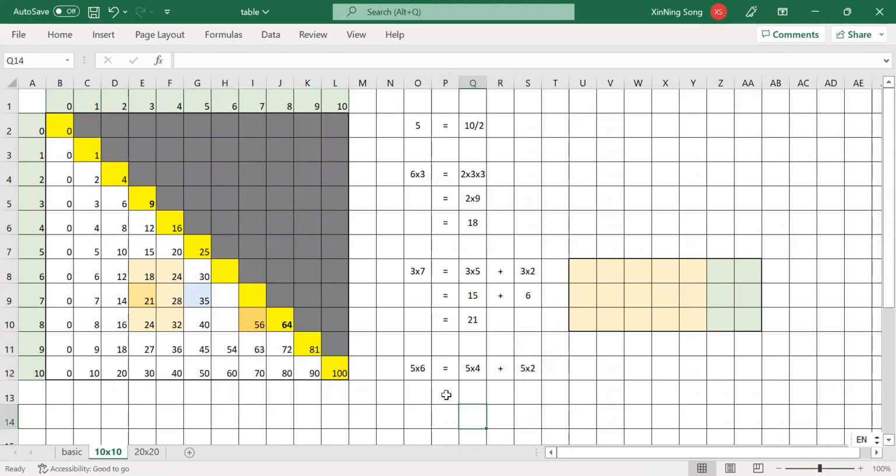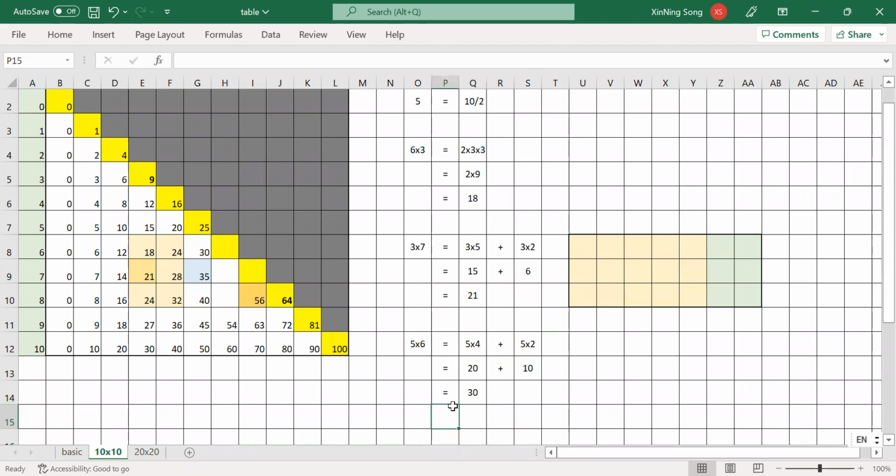Okay, so we're going to do that. And then we have 5 times 4 is 20, plus 2 times 5 is 10. And then together, give me 30. Now we know 5 times 6 is 30.